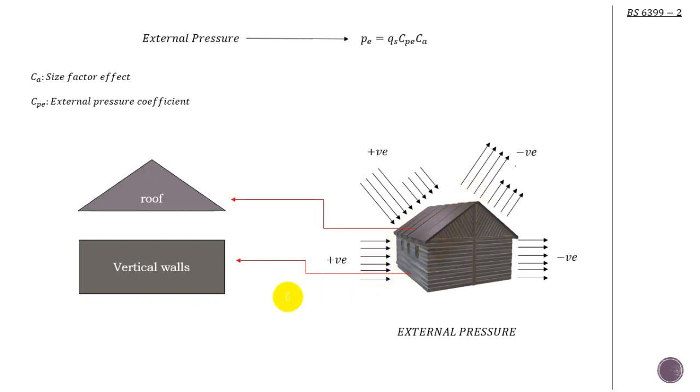So that means we have to deal with the vertical walls separately. What I mean is that we find the coefficient for the vertical walls, and then we work out the external coefficient as well, but that's just for the roof, okay? So once we work it out for the vertical walls and once for the roof. Let's start with the vertical walls.